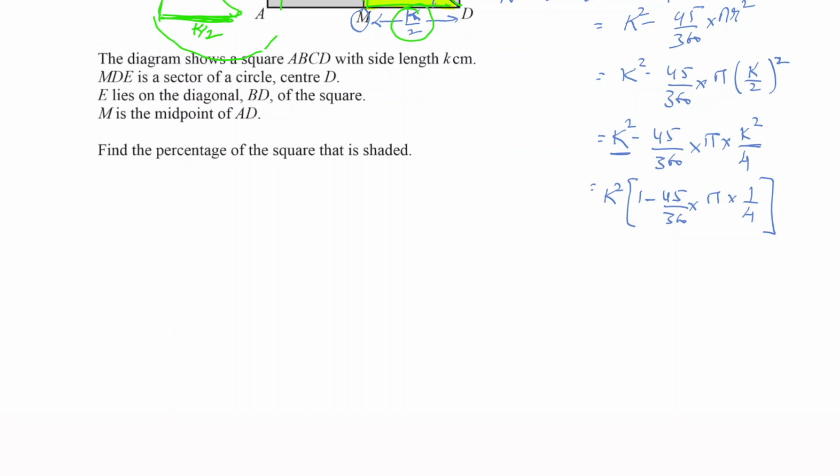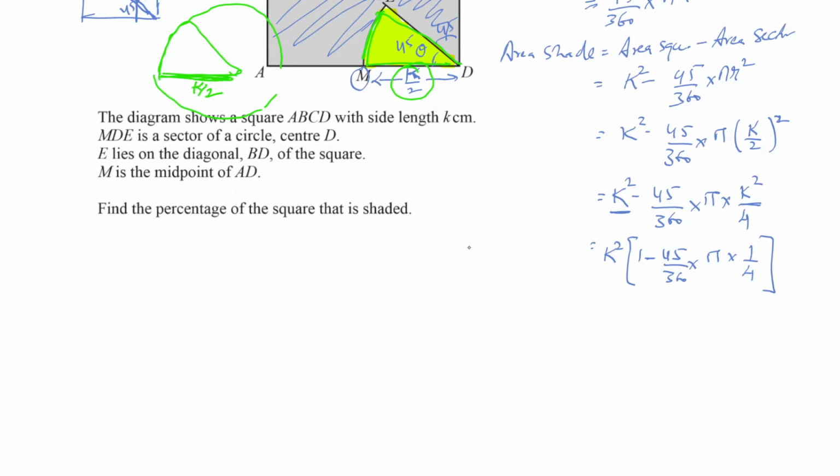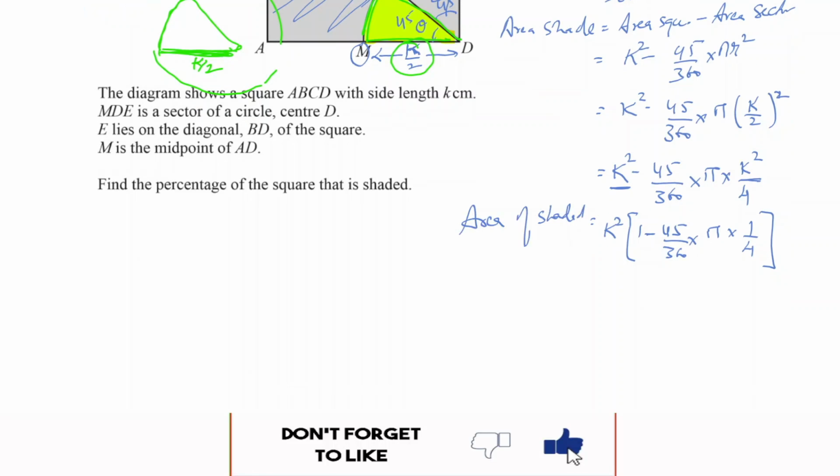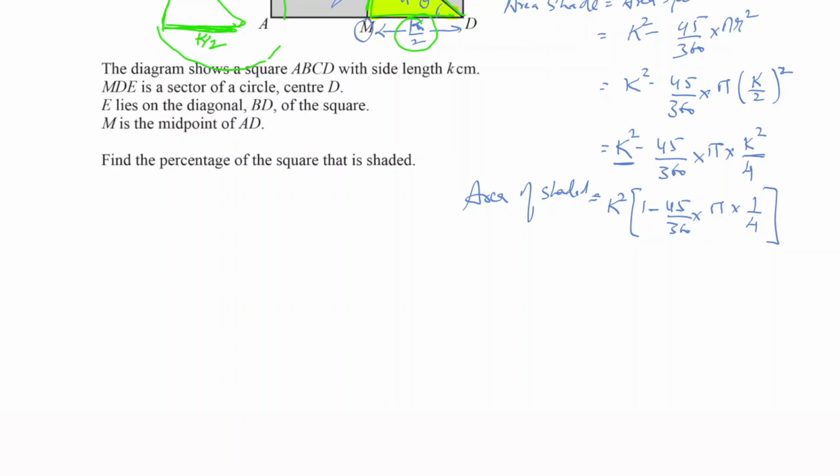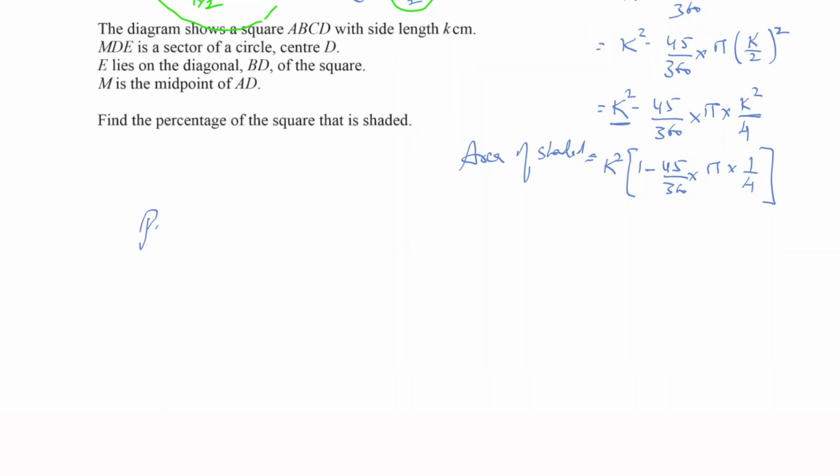Okay, this is the area of the shaded region, or we can say the area of the shaded part of the square. Now to find the percentage of the area of the square that is shaded, what we can do is take the area of the shaded region divided by the total area of the square, right?